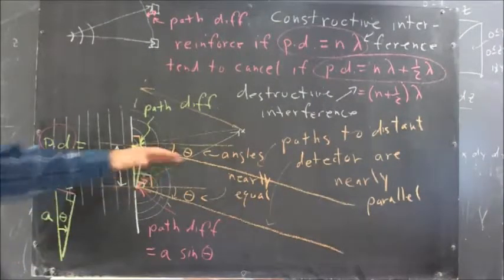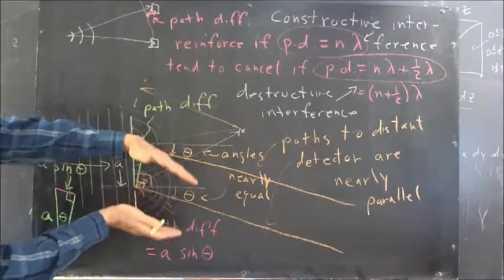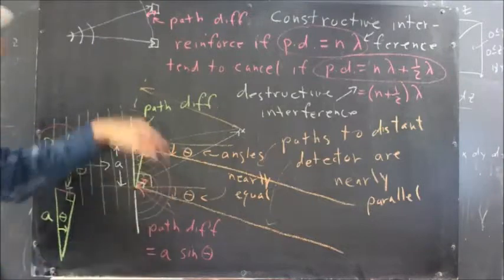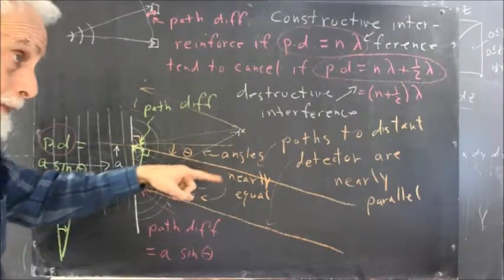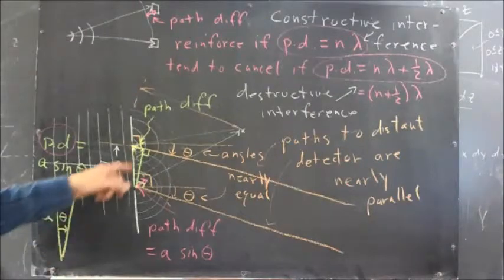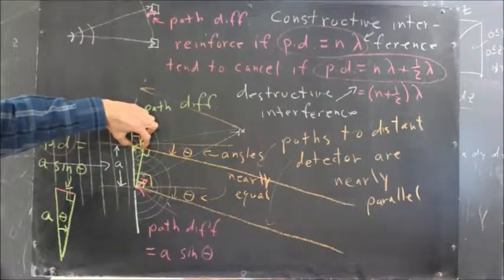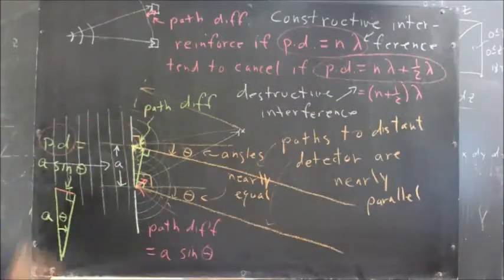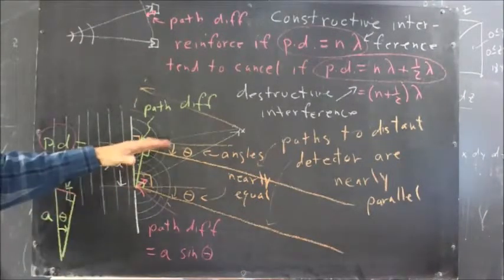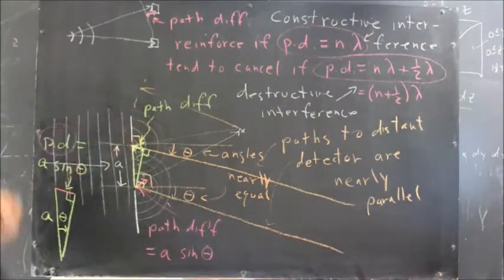You can visualize changing this angle so that these parallel lines move further and further down this way, to a detector that goes from this direction to this direction. And it's clear then that this triangle is going to expand, that this side of the triangle is going to get bigger and bigger, so that at some angle, the path difference will just be equal to half the wavelength.